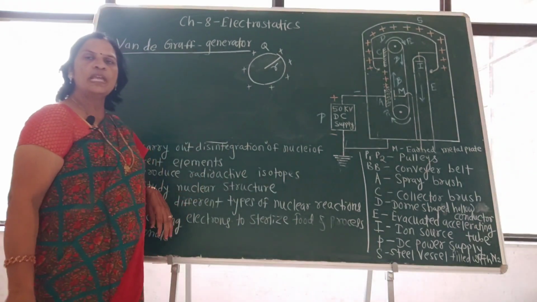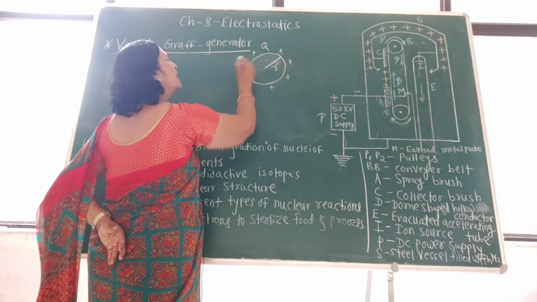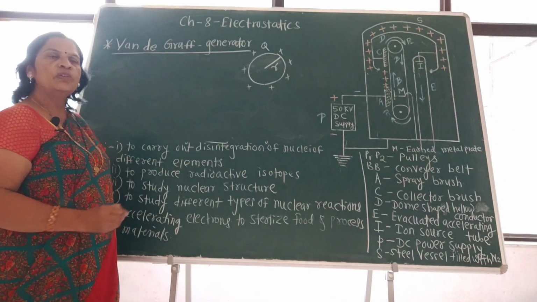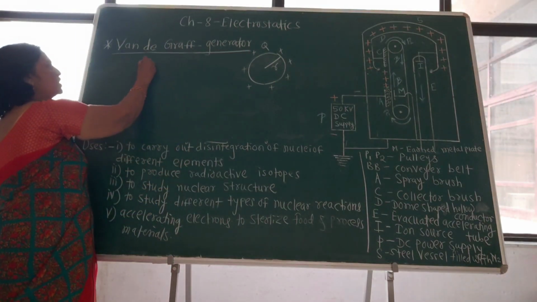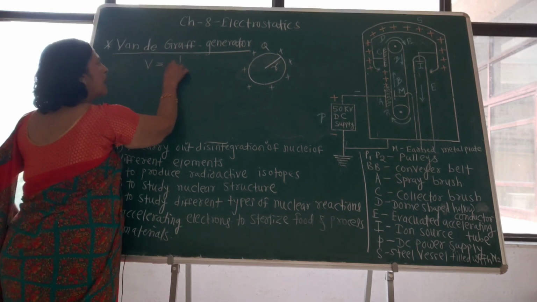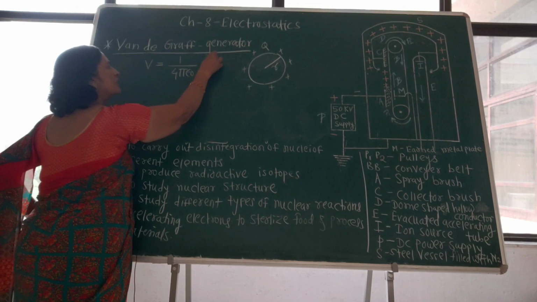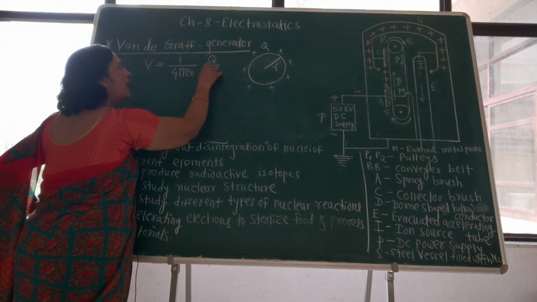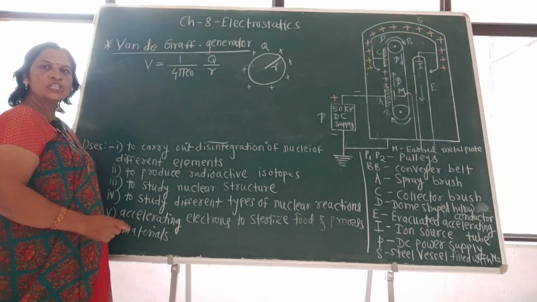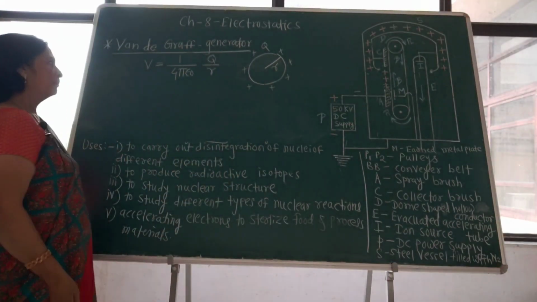Now we have to find the potential on the surface of the sphere. We know the formula for the potential: V equals 1 by 4 pi epsilon naught into Q by R, that is the potential on the surface of the sphere.